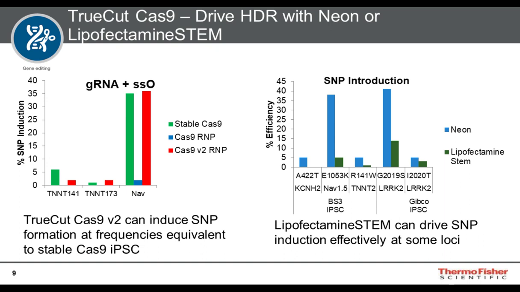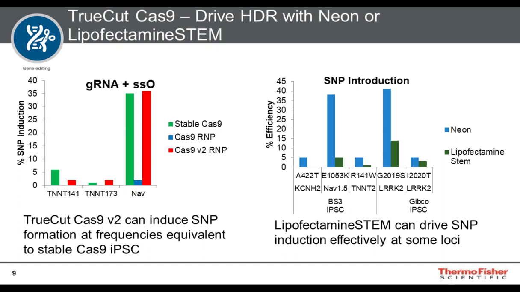You can see that the stable Cas9, as I've shown in the previous slide, performs really well. Our first generation Cas9 protein did not do so well in pluripotent stem cells, but our second generation TrueCut Cas9 protein works very well and matches the efficiency of the Cas9 stable line. So genome editing in your own iPSC line now becomes much easier.